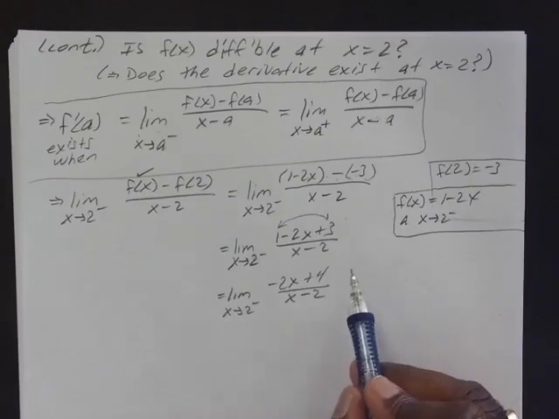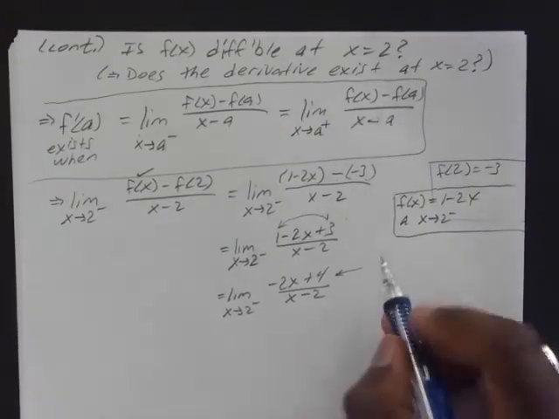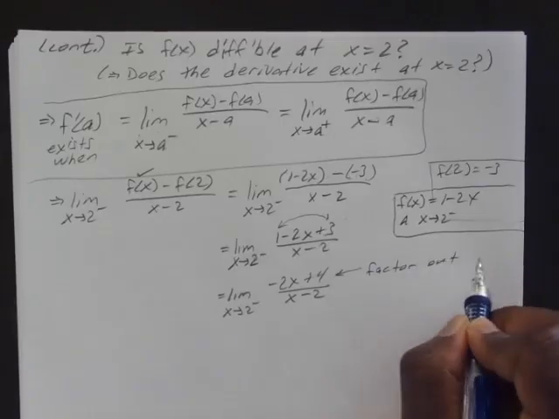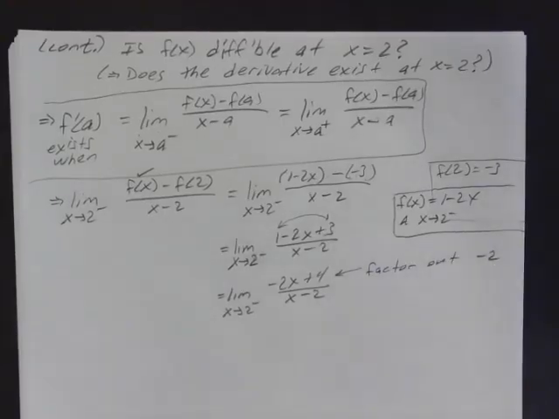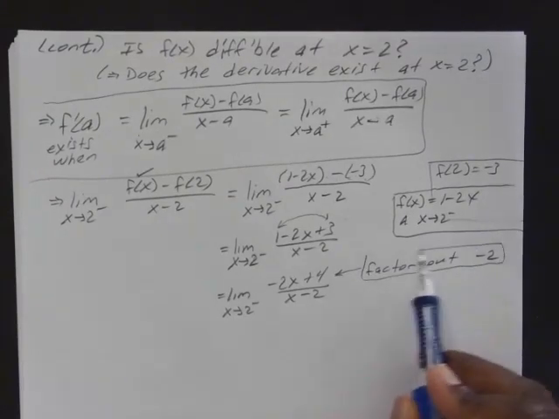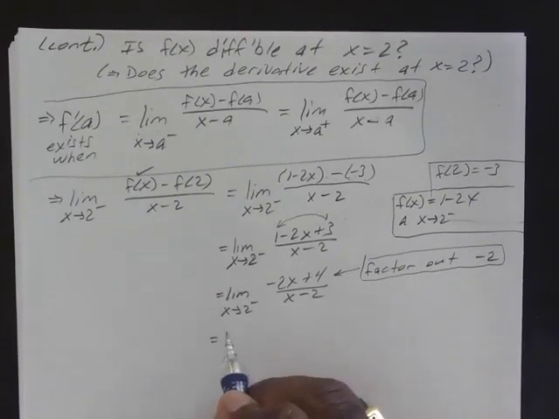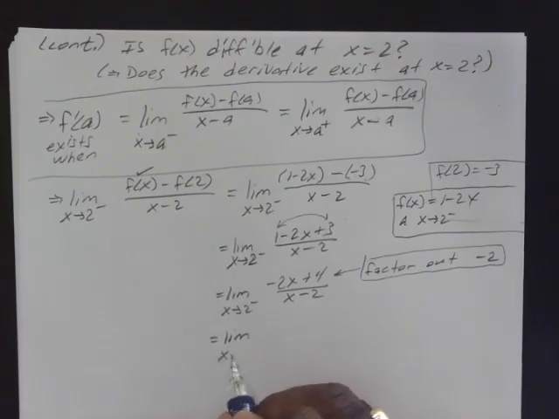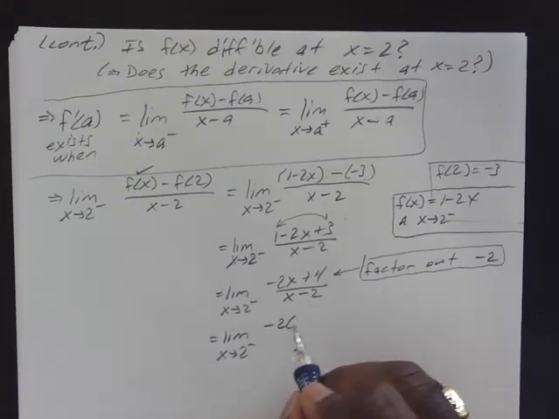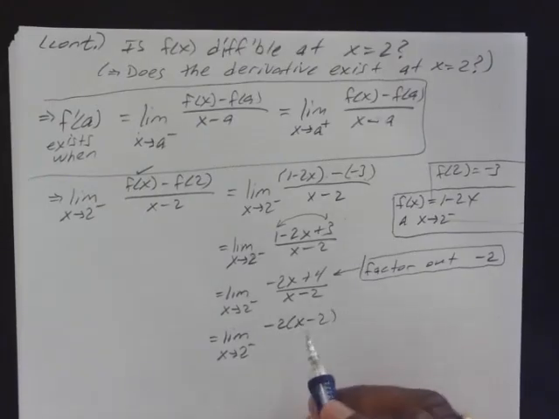Okay. Now in our numerator, we can actually factor out a negative 2. That gives us the limit as x approaches 2 from the left of negative 2 times x minus 2 all over x minus 2.